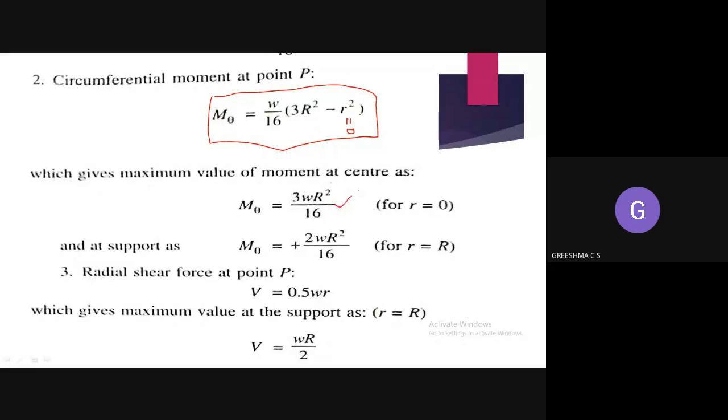Now, since it is a circumferential moment, see, this is a circular slab. Imagine this is a circular slab, and this is how you are providing circumferential reinforcement. So this moment is arising circumferentially, along the radius.